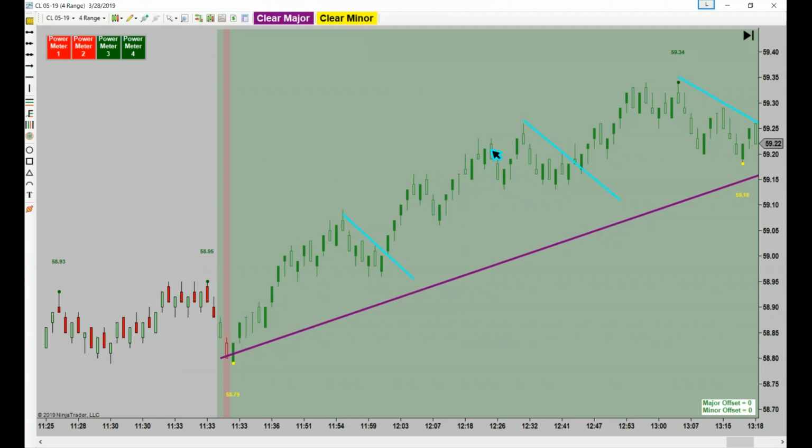You didn't draw a trend line here because it double topped and didn't do the little zigzag. Now here it did. See, thrust, little retrace, little thrust, little retrace, little thrust. So you can draw the trend line. Everybody see that? That is extremely important, by the way, because otherwise you're going to end up getting into trend lines that won't work out.